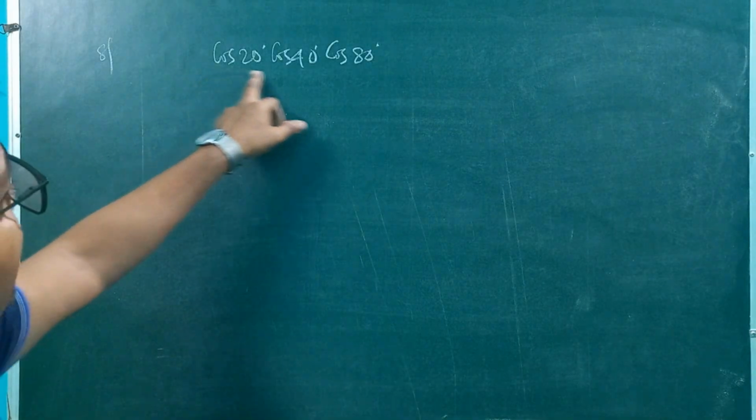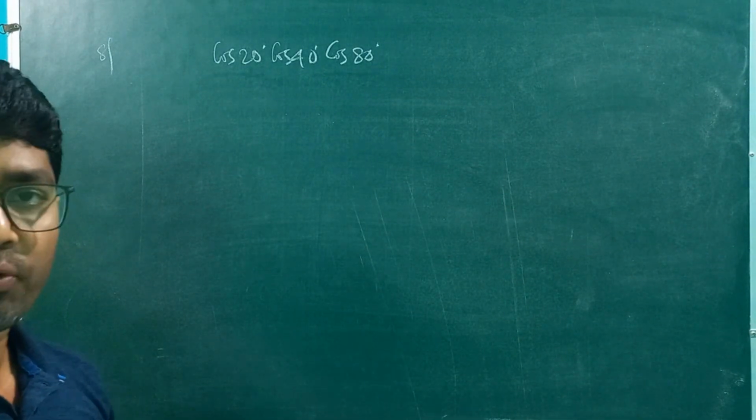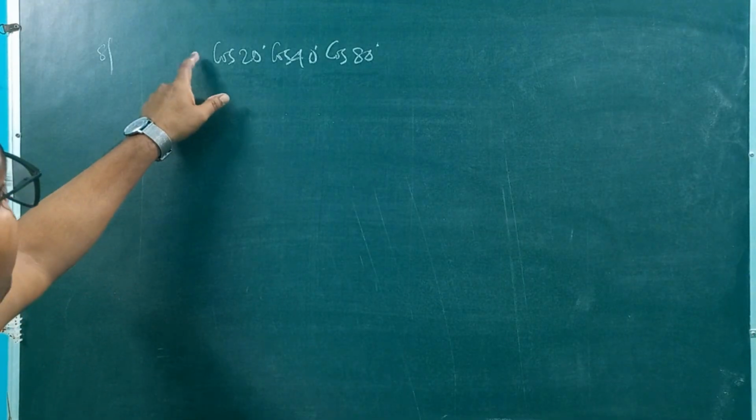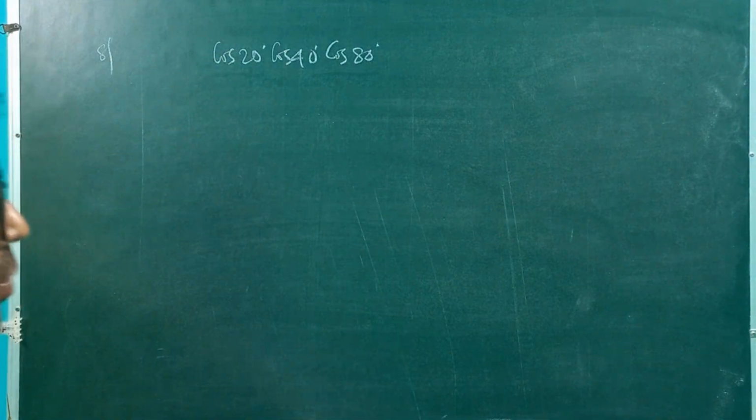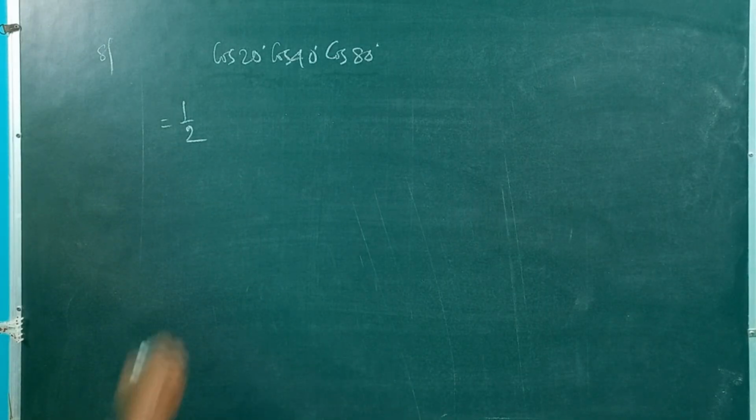Here they are in product form, so we have to convert them into sum form, and we will adjust a 2 here, because in every product form a 2 must be added. That's why first we adjust the 2.